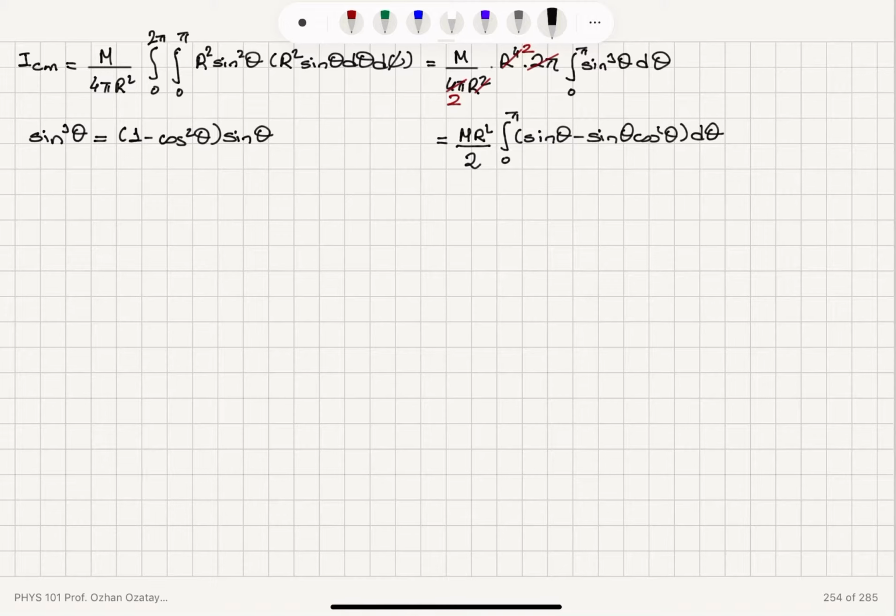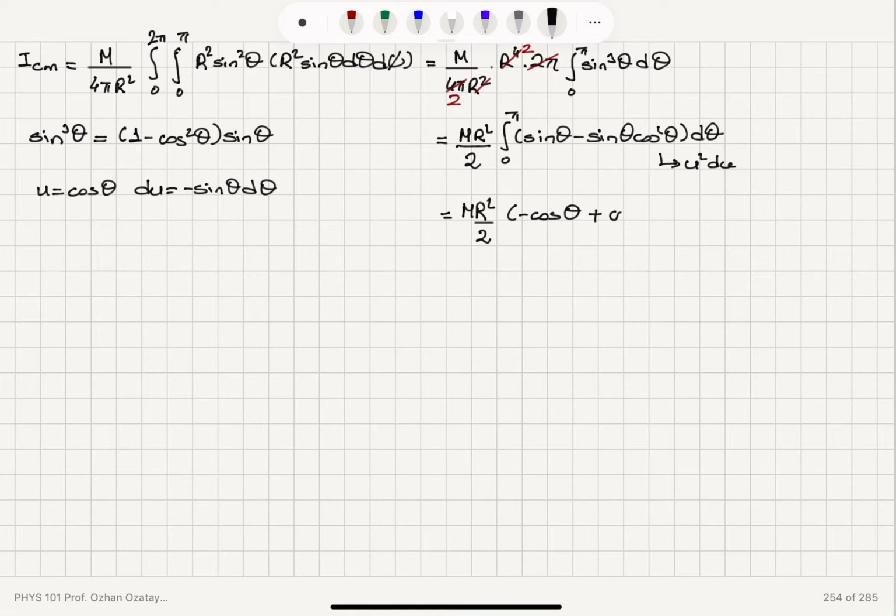Now if we perform this integral, this is going to give us capital M r squared over 2. The integral of sine is minus cosine, and if I call u as cosine theta, du is minus sine theta d theta. So this becomes integral of u squared du, and integral of u squared du is u cubed over 3.